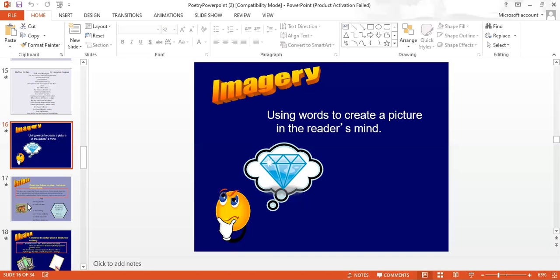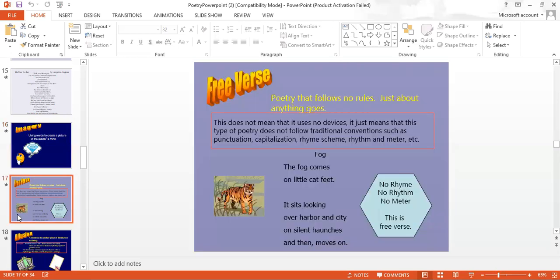And then in poetry again, we have what we call free verse. When you're talking about free verse, as the name implies, it's free, right? There are no restrictions or things like that. We're talking about poetry that follows no rules, just about anything goes, right?